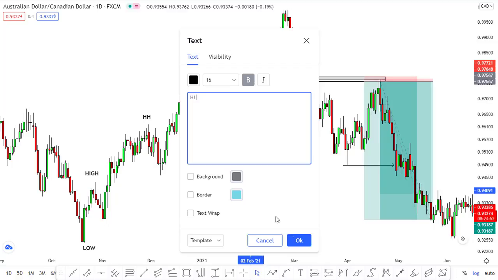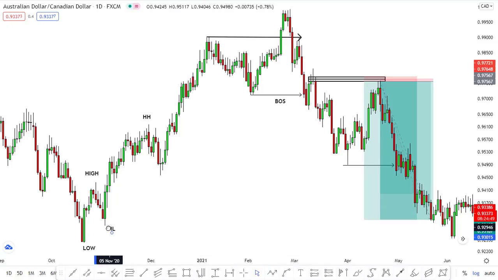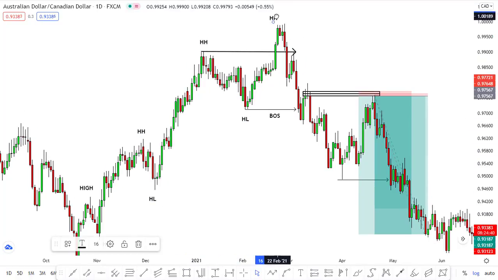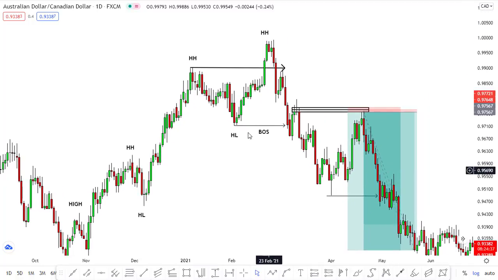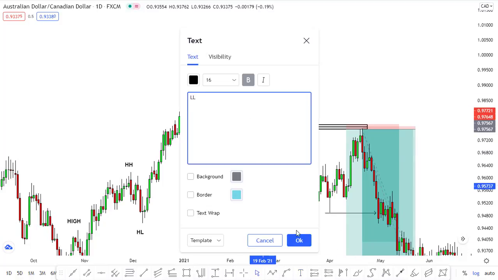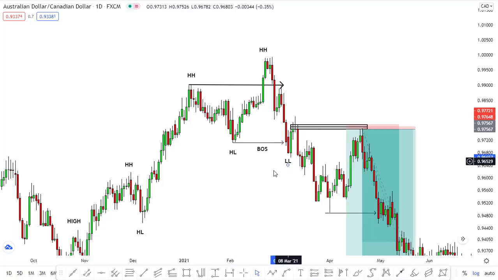We have a high low here, and another high low, another high, another high low, another high, but this time the market broke below this major low and made a lower low in the market.